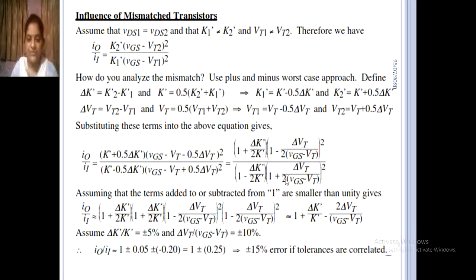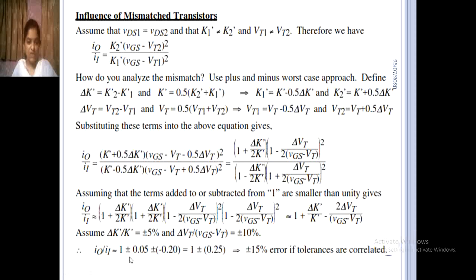The equation is nearly equal to 1 plus delta k dash divided by k minus 2 delta Vt divided by Vgs minus Vt. We can also assume that this ratio is plus minus 5%, and these values are plus minus 10%.